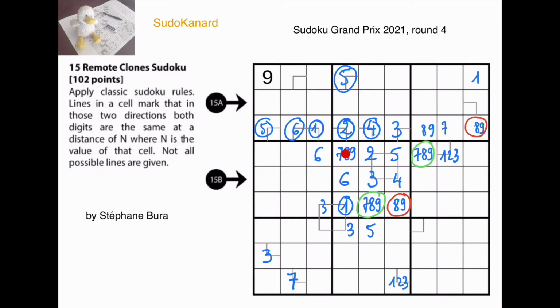So this one is the same as this one. Therefore, this one can't be a 7. And the green one must be a 7. I think that's one of the most beautiful parts of the logic in this puzzle. This can only be 6 or 8.